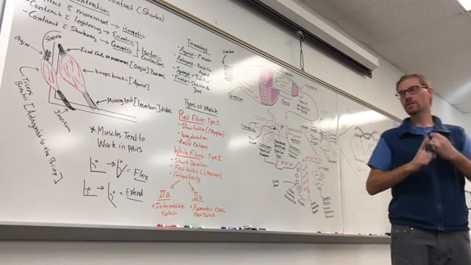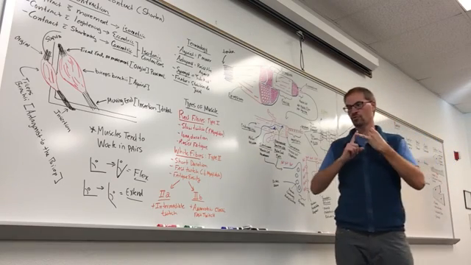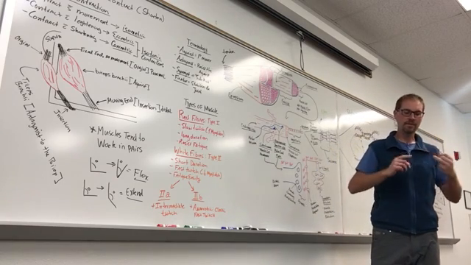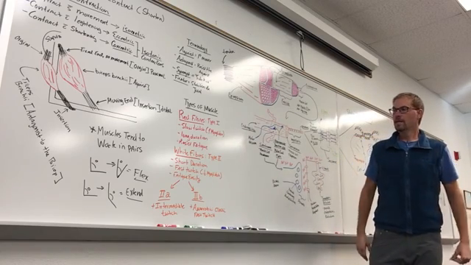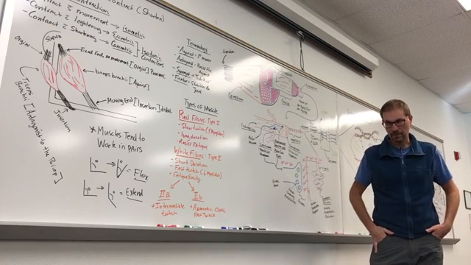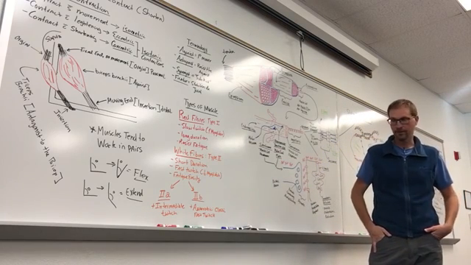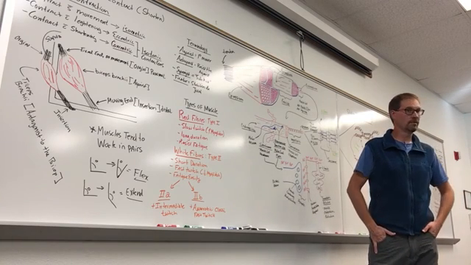And so these are all slow twitch muscle fibers. These are the red fibers, these resist fatigue, and these are kind of your long haul muscle fibers. Now your white fibers do not have as much myoglobin, so they fatigue much quicker, right? They fatigue faster.